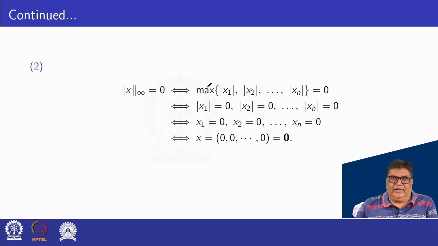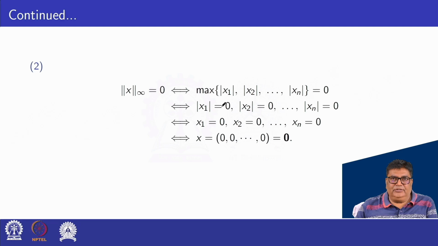That is, max of |xi| is equal to 0 for all i = 1 to n, that is |x1| = 0, |x2| = 0 and so on |xn| = 0, because the max value of |xi| equals 0.